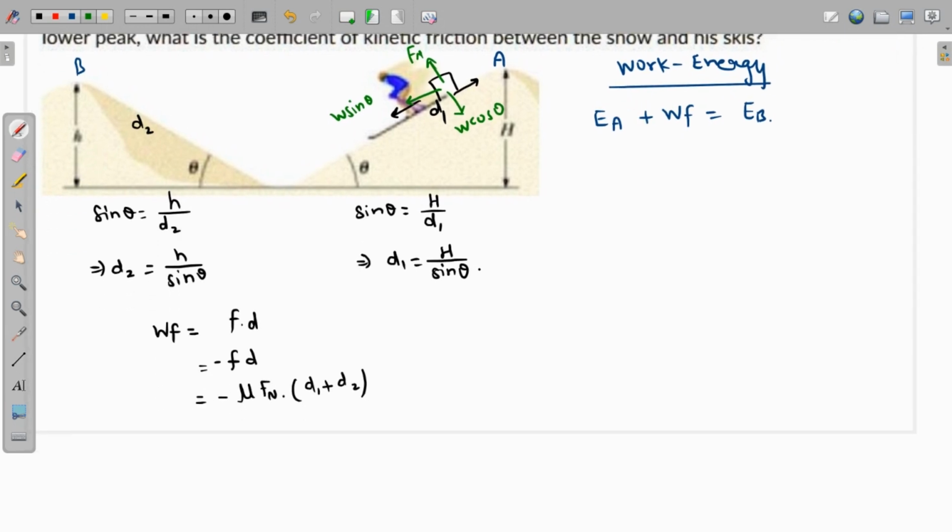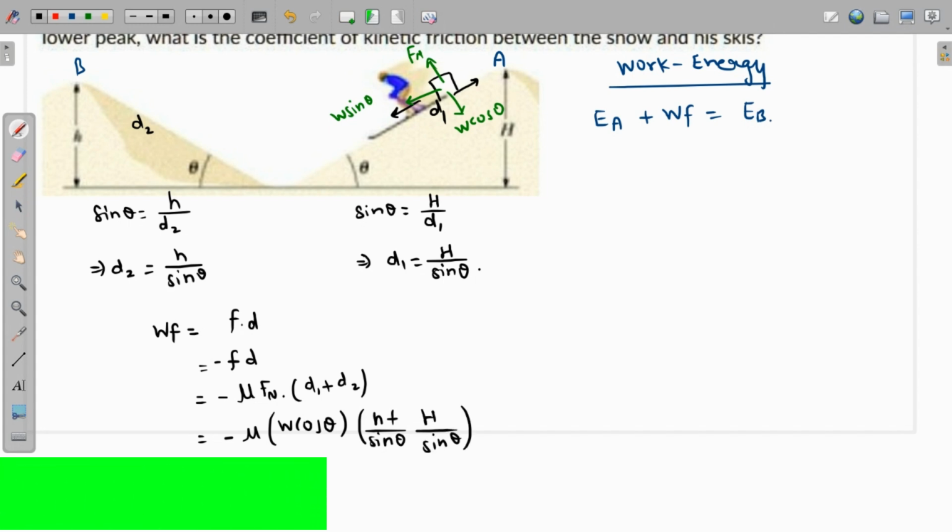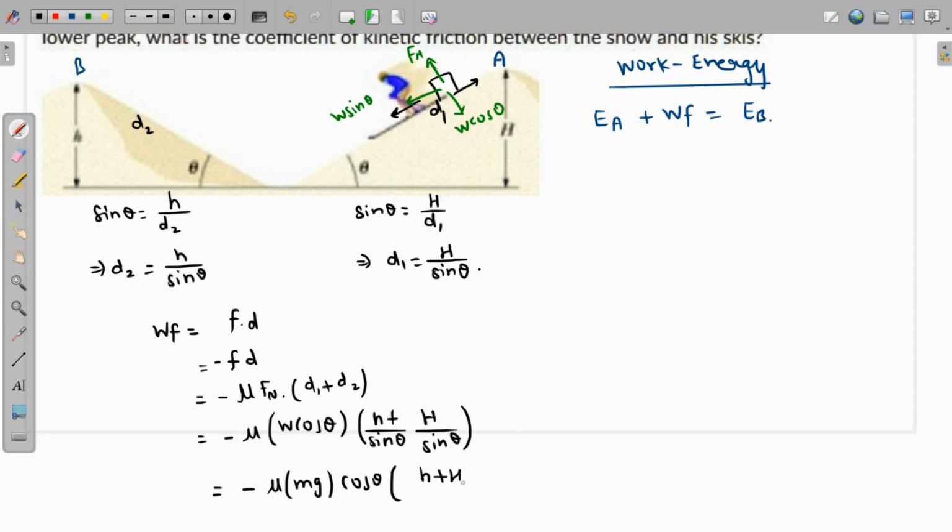All right, so we can write that over here we have minus of mu times Fn, which is W cosine of theta, times d1 plus d2, where d1 is H over sine theta and d2 is small h over sine theta. So it comes out as minus of mu times weight, which is nothing but mg cosine of theta as it is, and this will become H plus h because the denominator anyway is constant. So that is the work done by the friction.